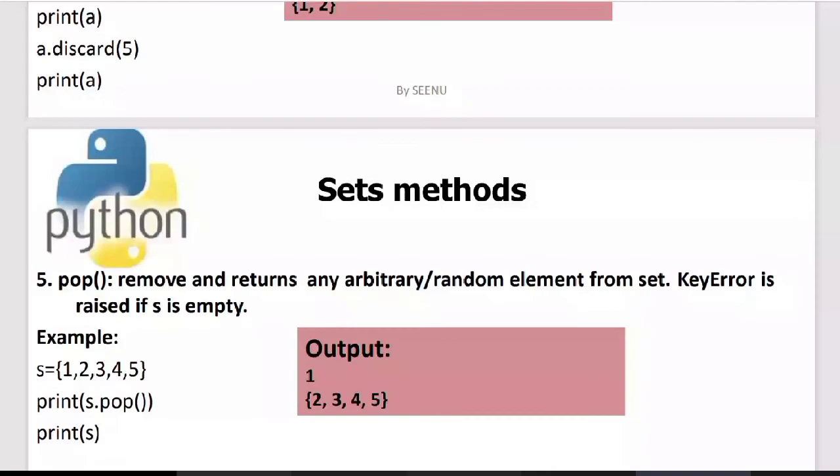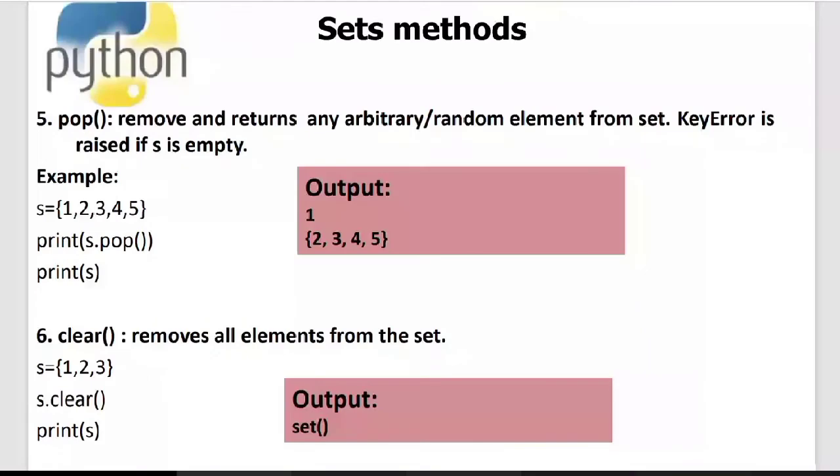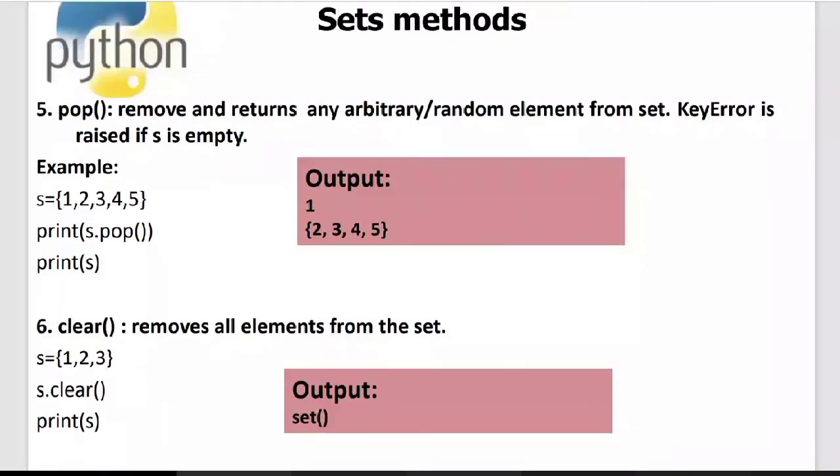The next method is called the pop method. We have already seen pop. What this pop will do is it removes and returns an arbitrary or random element from the set. KeyError is raised if the set is empty. So what does that mean actually?